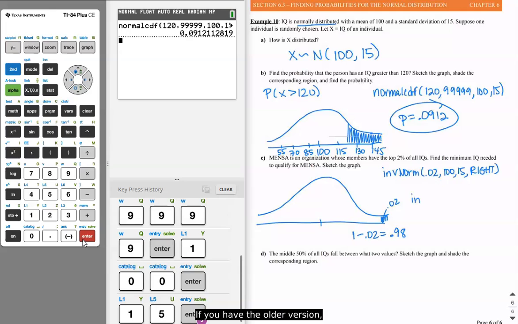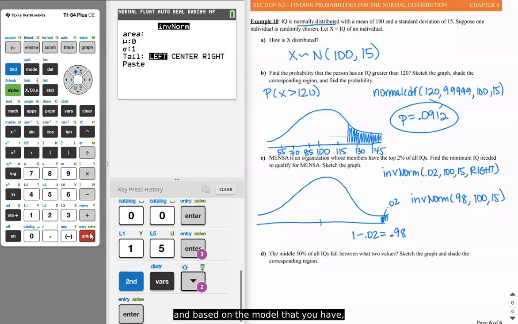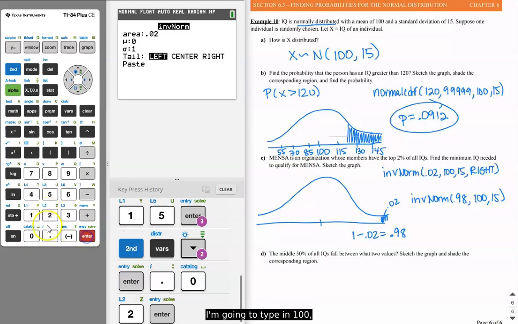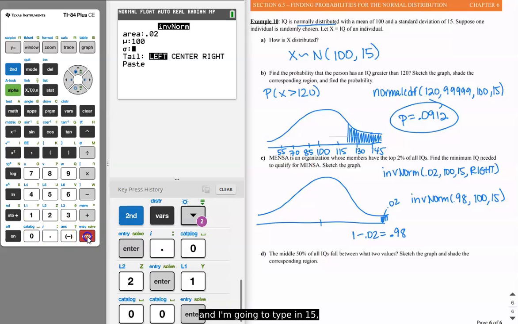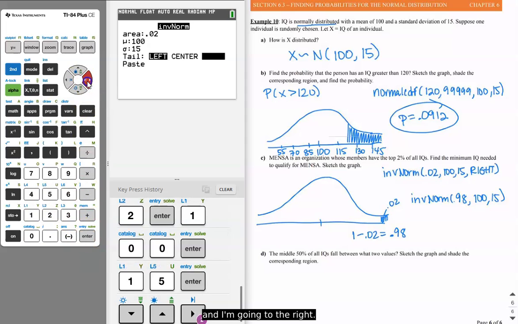So if you have the older version, you would then type in 0.98, 100, 15. You don't have that option of what the tail is. So you would hit second and vars, go down to inverse norm, and based on the model that you have, this format would look a little bit different. Since I have the newer one, I'm going to type in 0.02, 100, and 15, and I'm going to the right.